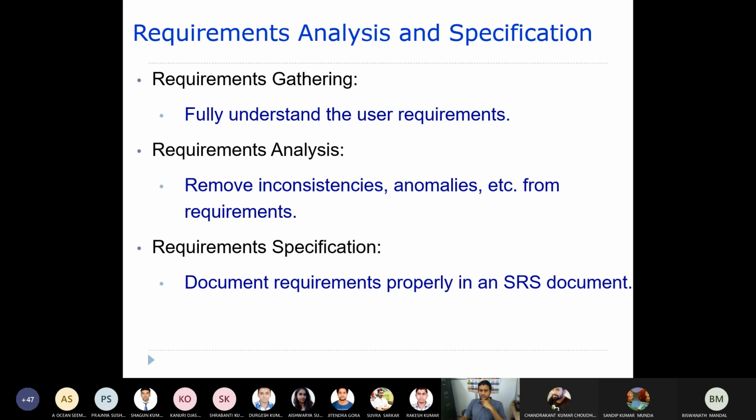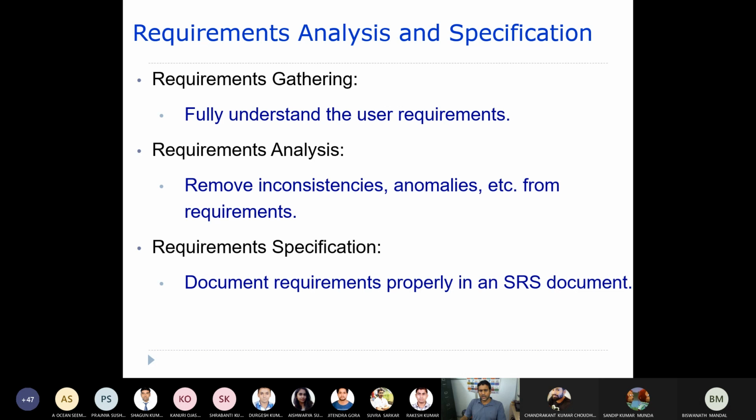We'll see an example of it in later slides. If any anomalies or ambiguities are there, we try to remove all of these. If the requirements are incomplete, as we discussed in the last lecture, some requirements may be missing, so we try to identify those requirements here.